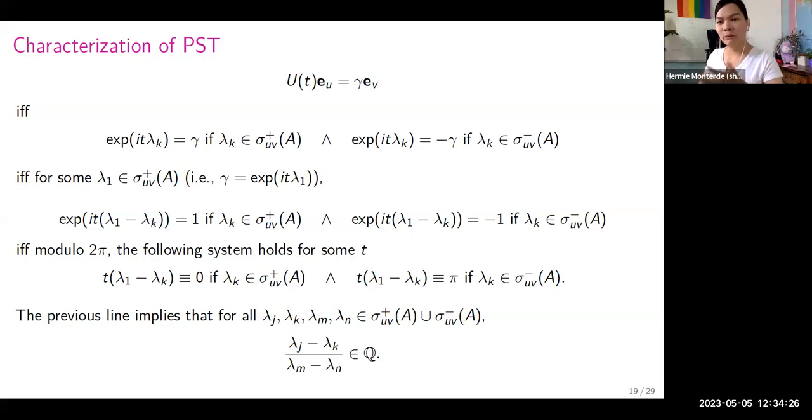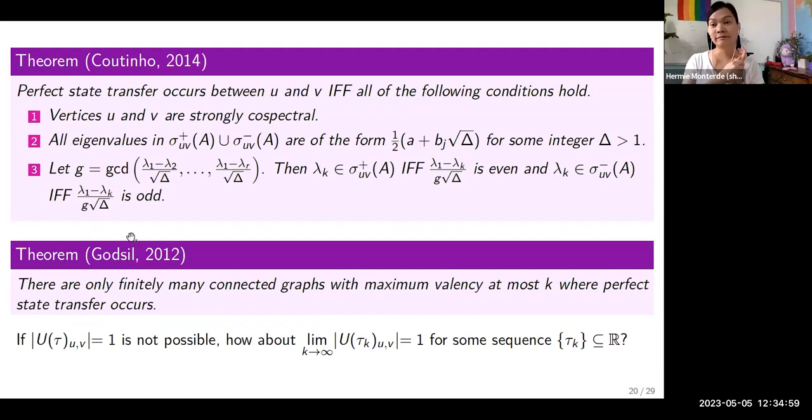And this is now where it gets interesting, because perfect state transfer necessitates that the eigenvalues satisfy this rather odd number theoretic condition. This is the first time that we've seen this kind of condition, and combined with strong cospectrality, it actually gives you a characterization of perfect state transfer.